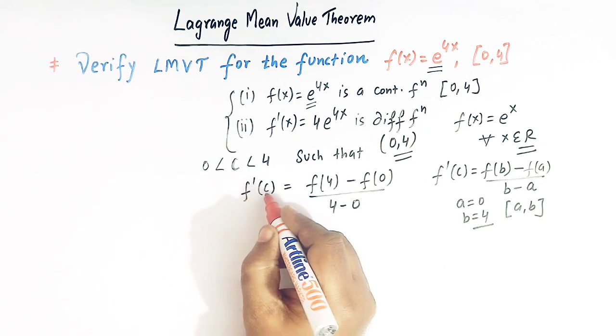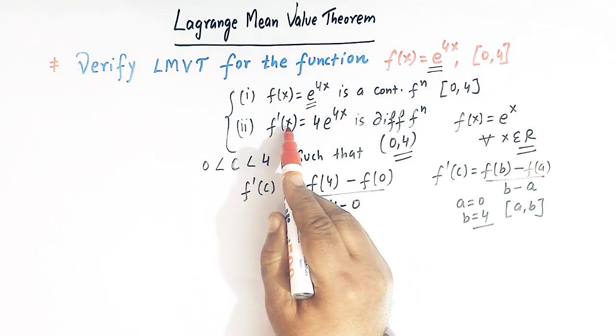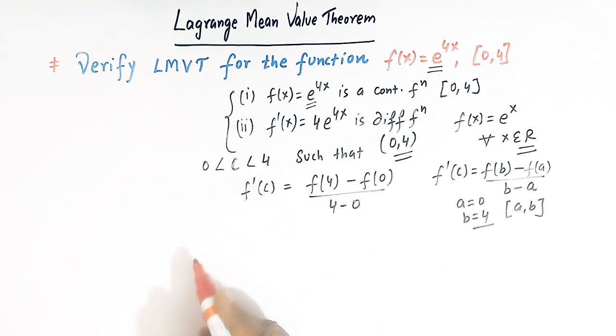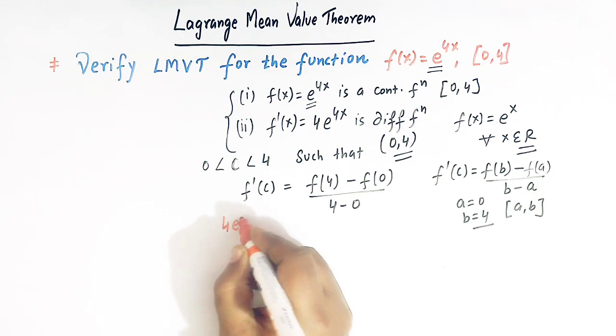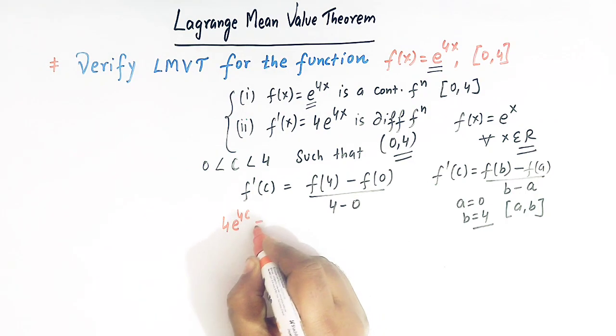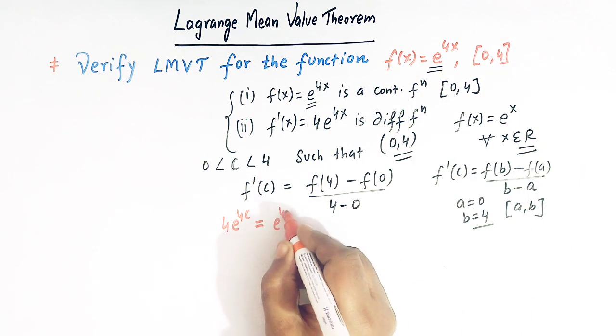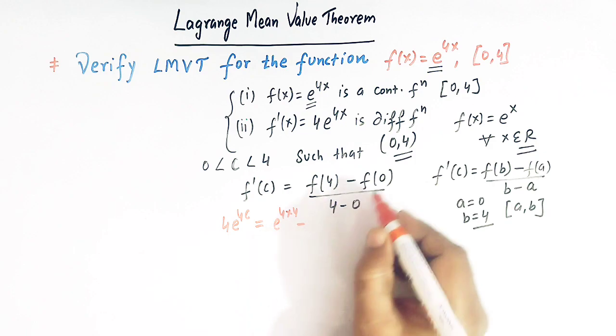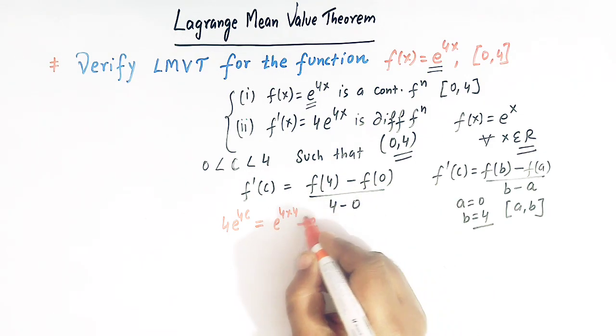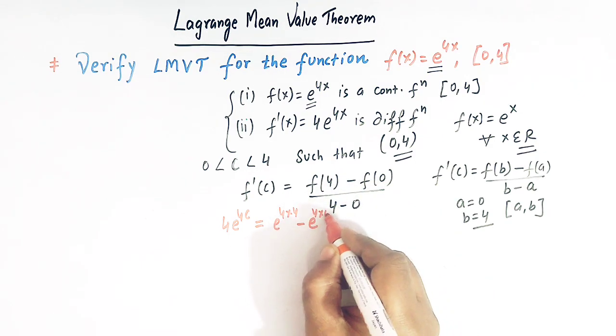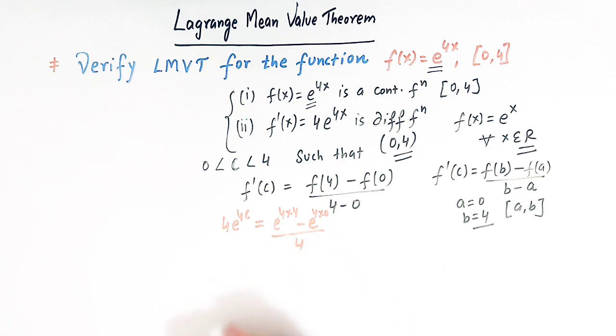So now f prime of c can be written by replacing x by c. So we have 4 times e raised to 4c is equal to f of 4, which is e raised to 4 times 4, minus f of 0, which is e raised to 4 times 0, divided by 4, right?